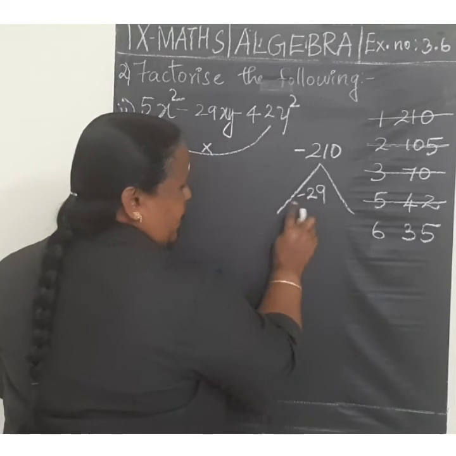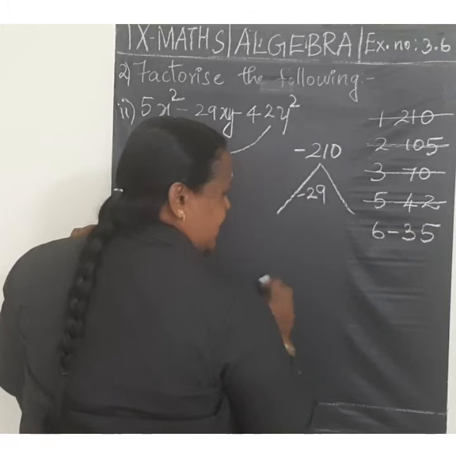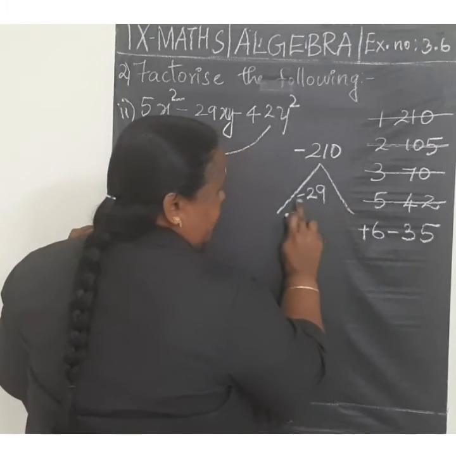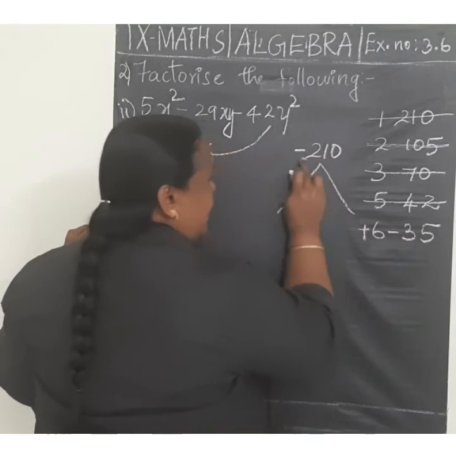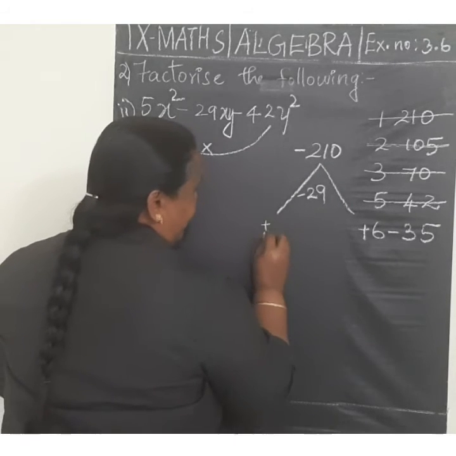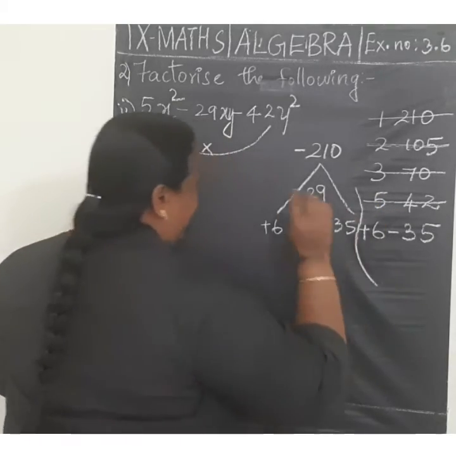So minus 29 we need. For the greater number we have to put the minus sign: plus 6 minus 35 is minus 29. If we multiply this plus 6 into minus 35, we will be getting minus 210. So we will take here plus 6 and minus 35 as the factors.